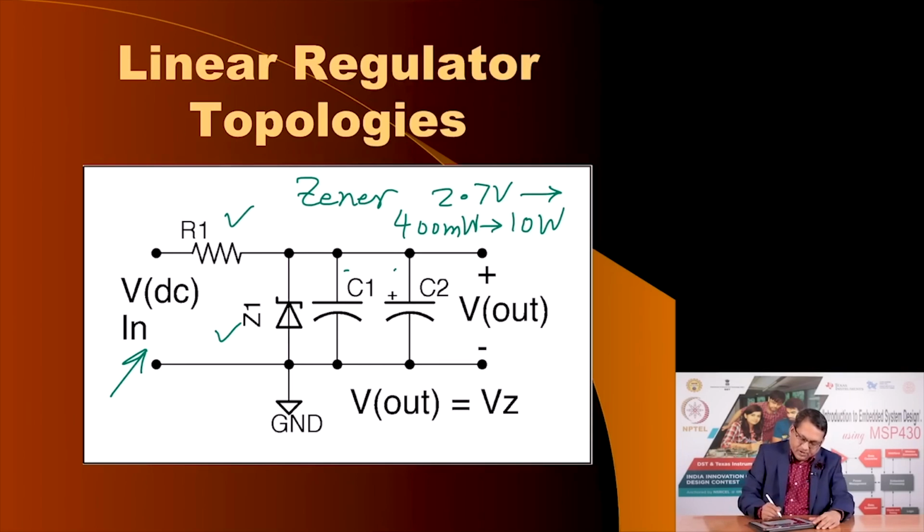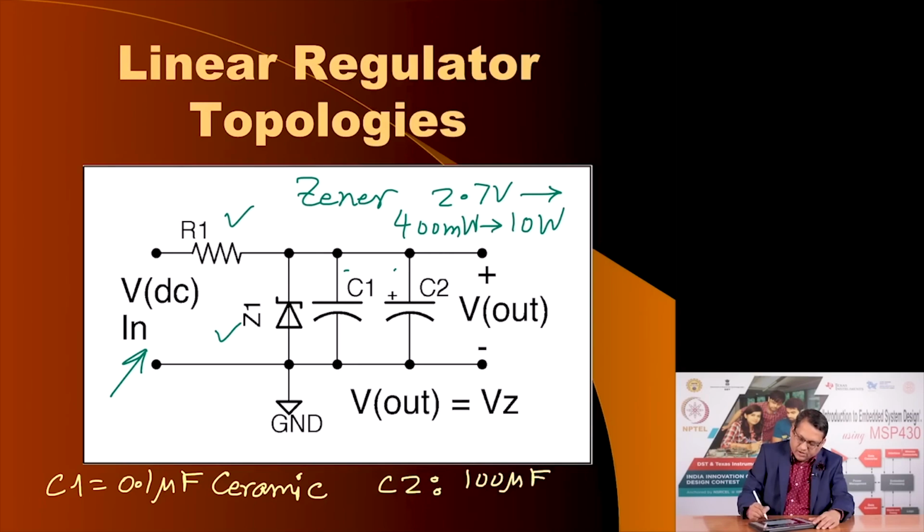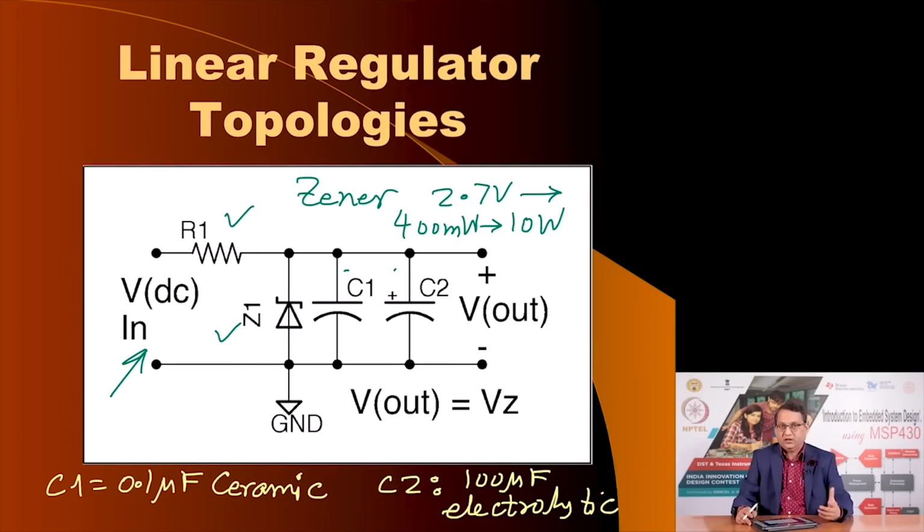Typical numbers are 0.1 microfarad ceramic for C1 and 100 microfarad of suitable voltage rating, of the electrolytic type, for C2. So, this is one simple regulator.